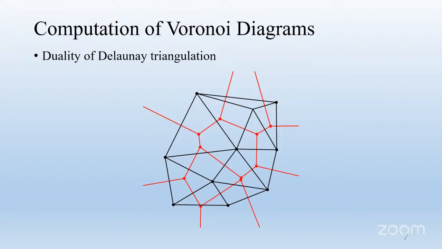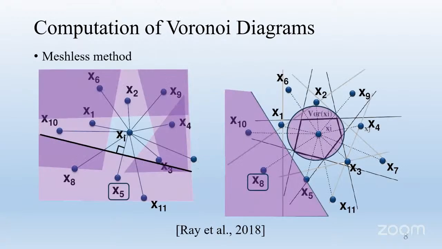So this method highly relies on the Delaunay triangulation. But the construction of Delaunay triangulation is time-consuming if the number of seeds is large. So another kind of method, which does not need to construct triangulations, has attracted much attention in recent years.